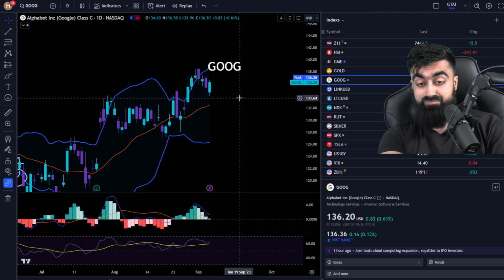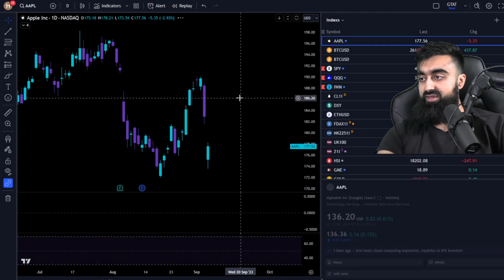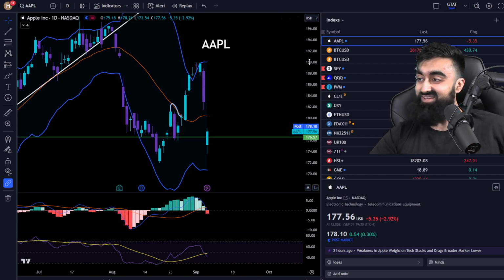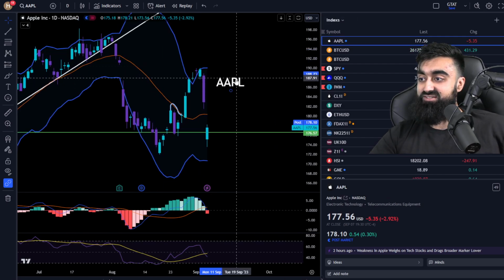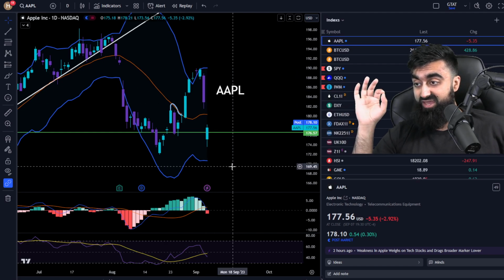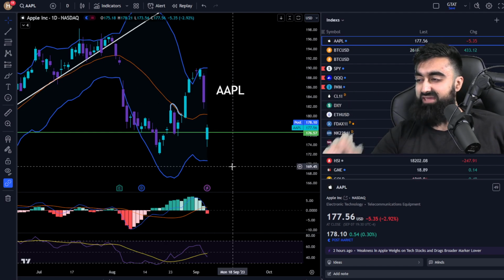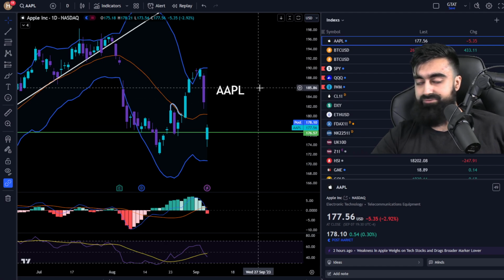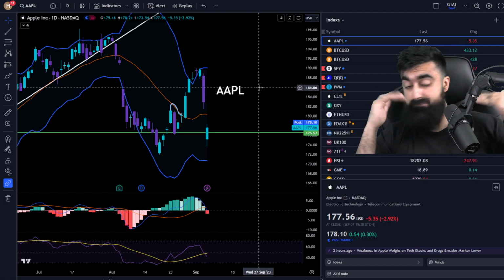One of the biggest problems is that Apple decided to drop this heavily. If Apple didn't do this, and if Apple was still trading above 185, then bears would be done.